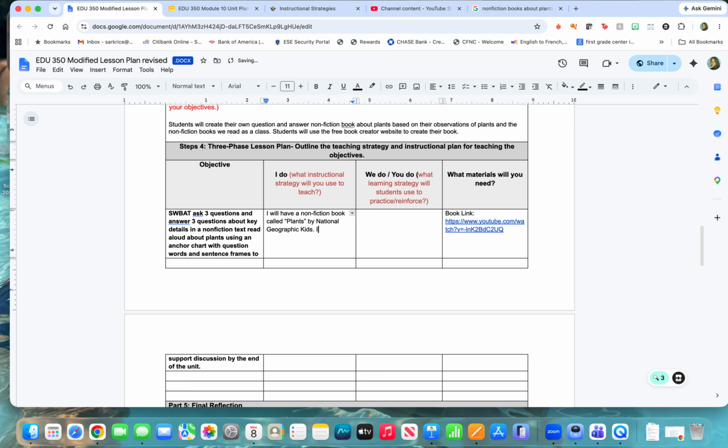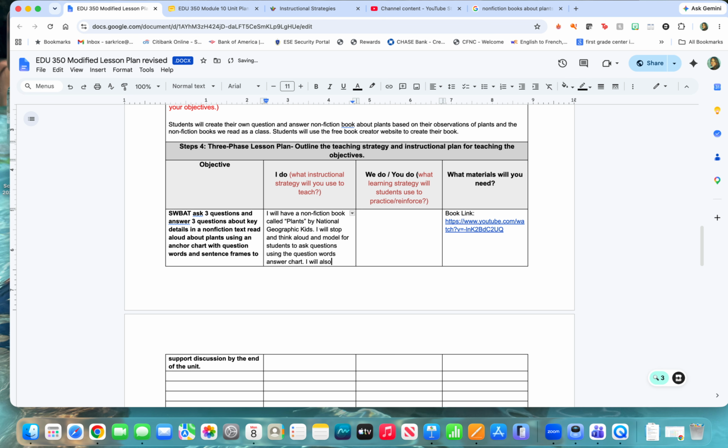I will stop and think aloud and model for students how to ask questions using the question words anchor chart.